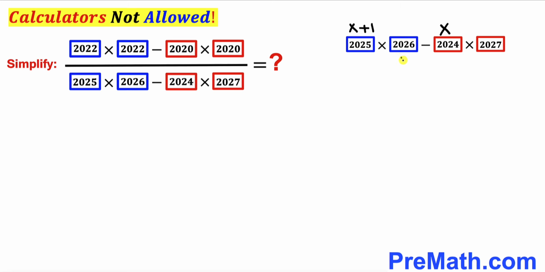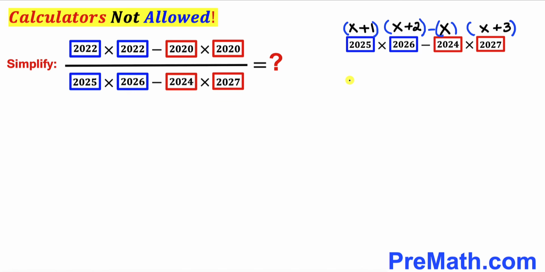The next number 2026 is going to be x plus 2. And finally 2027 could be written as x plus 3. So we got x plus 1 times x plus 2 and then minus x times x plus 3.